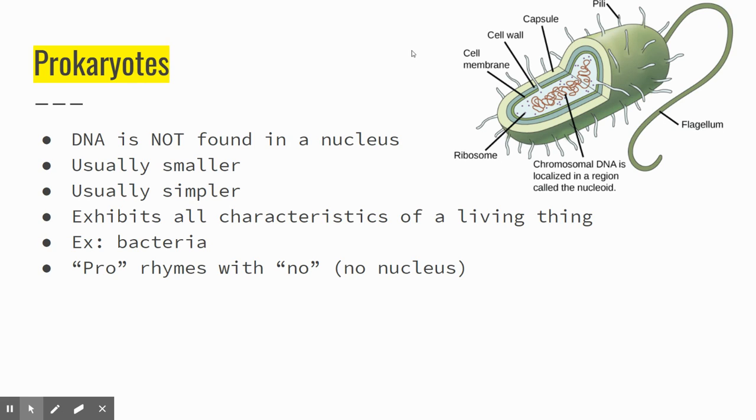Okay, and a good way to remember that, based on the Edpuzzle, they said pro rhymes with no, so no nucleus. In fact, prokaryote translates to before nucleus. So evolutionarily, they were around prior to nucleated cells.